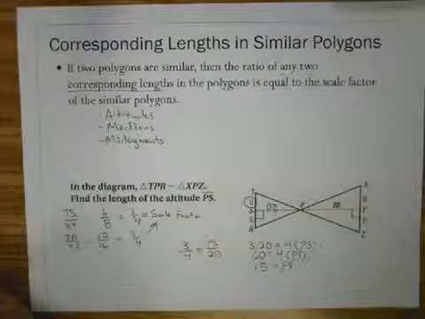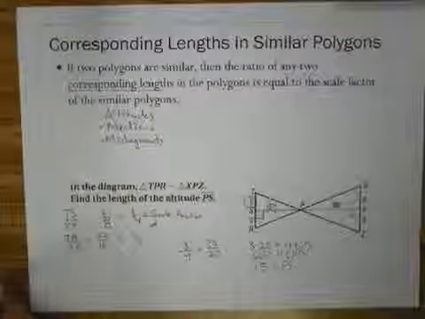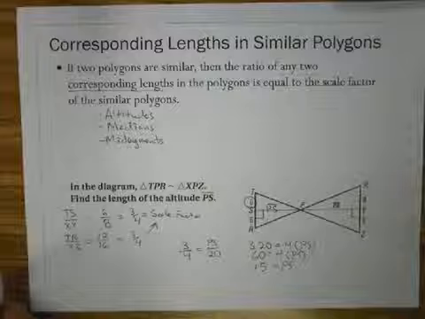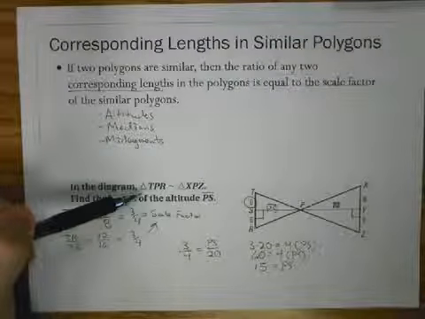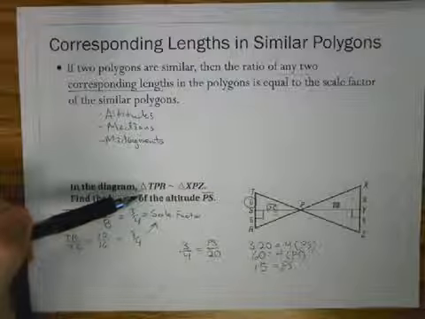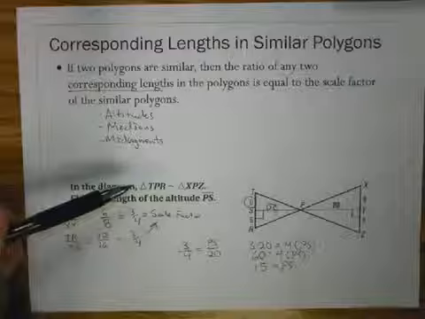So 3/4 equals PS over 20. I do cross product. I get 3 times 20 equals 4 times PS. Gives me 60 equals 4 PS. So PS would be 15. So my altitude there would be 15.